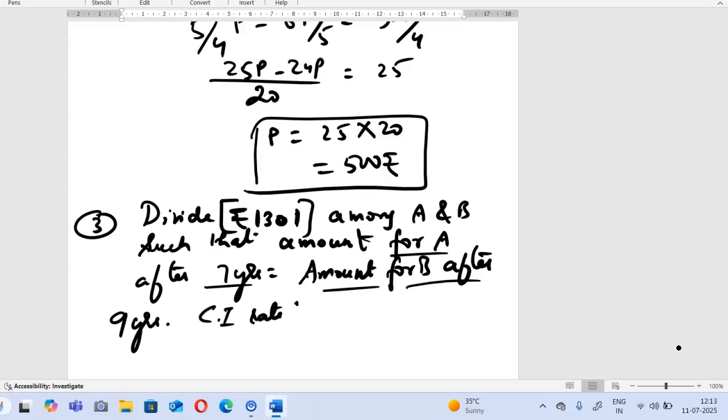CI rate percentage equal to 4. Okay, so how to calculate this?